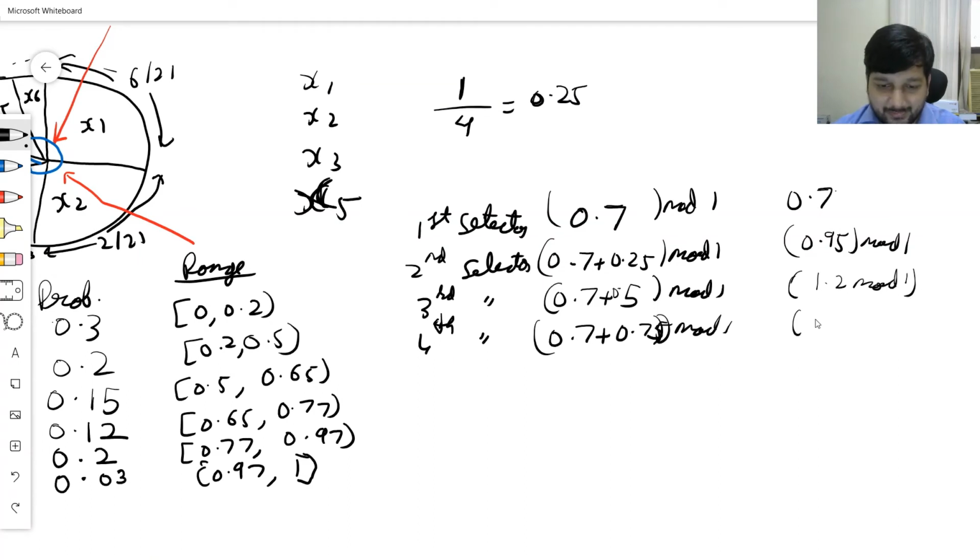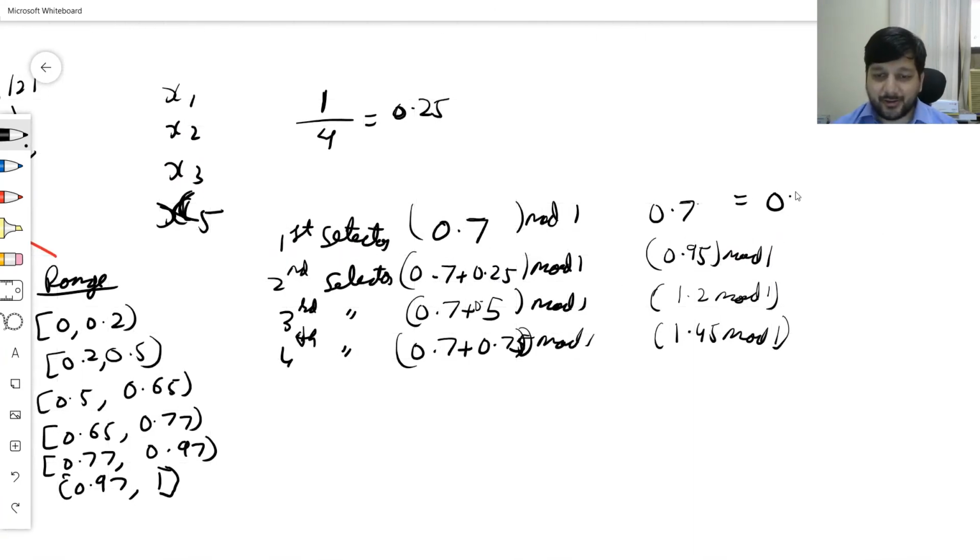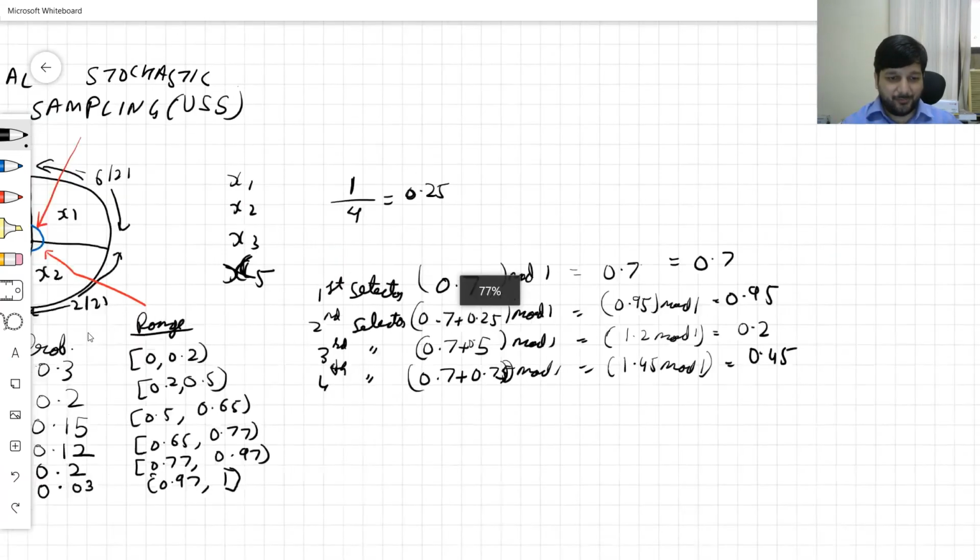So the first is of course 0.7. This becomes 0.95. This becomes 0.2, and this becomes 0.45. So I need to select 0.7. I'll select it from this range, 0.2.